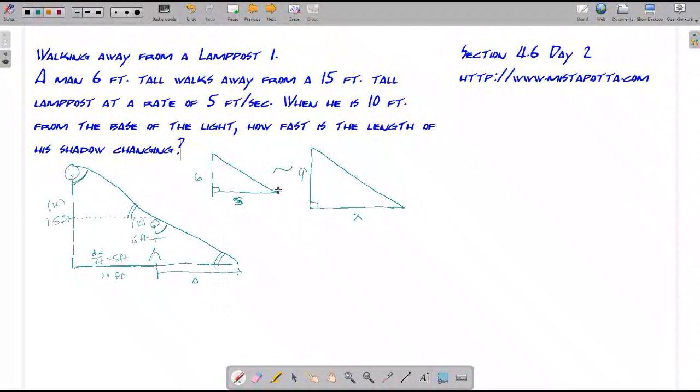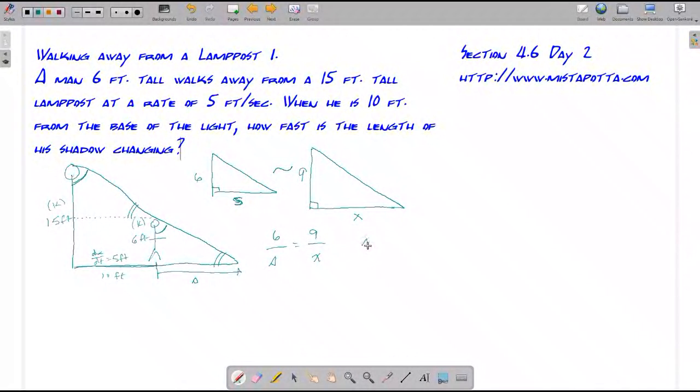And because I'm dealing with similar triangles, I know that their sides are proportional. So 6 over s equals 9 over x. So I have a relationship between s and x.